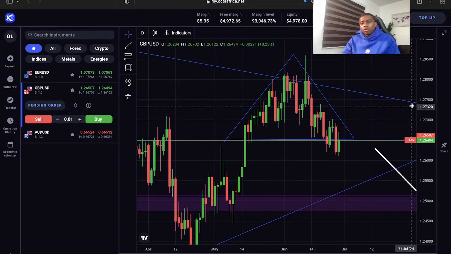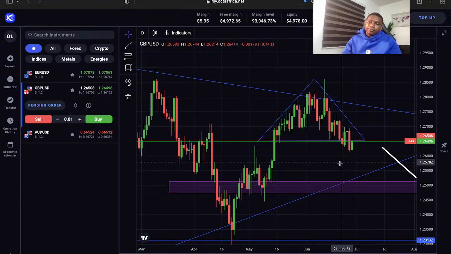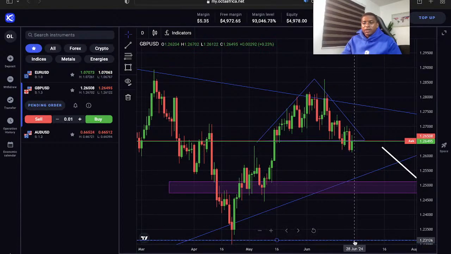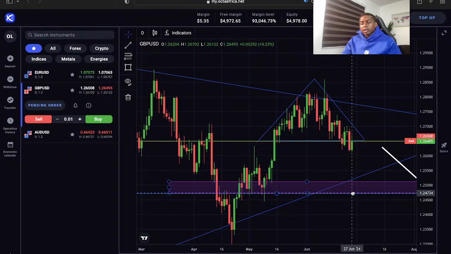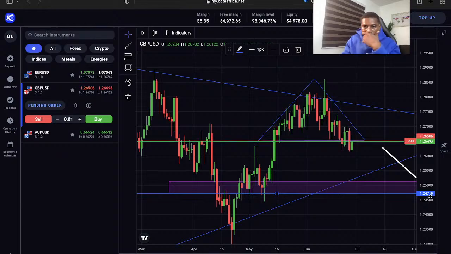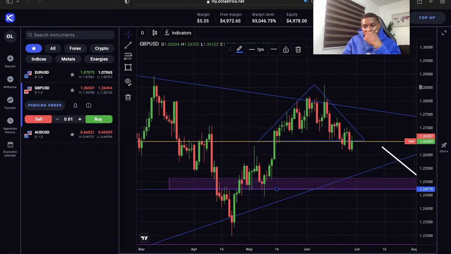So when we look to selling GBP USD, where is our target take profit level? And where is our target stop loss level? So our target take profit level is here, that's at 1.2419.